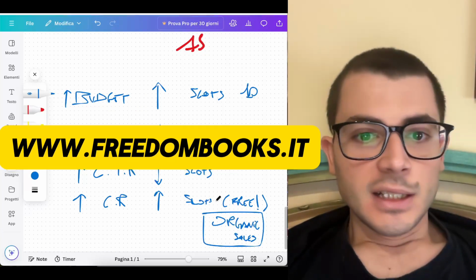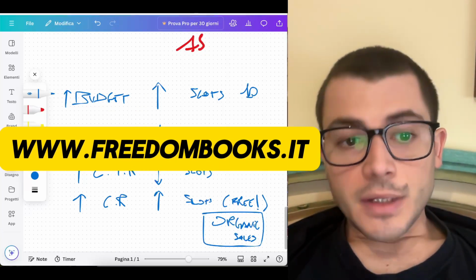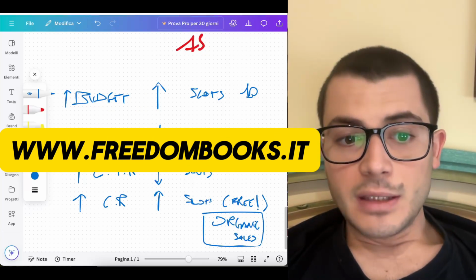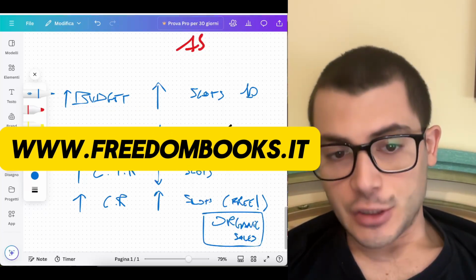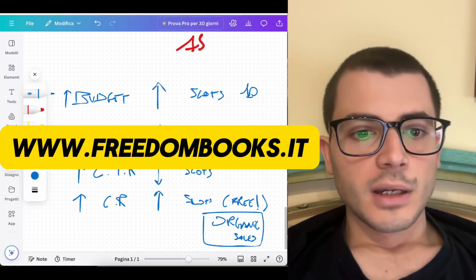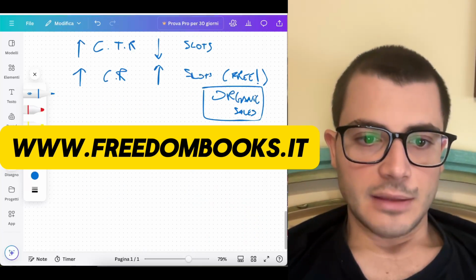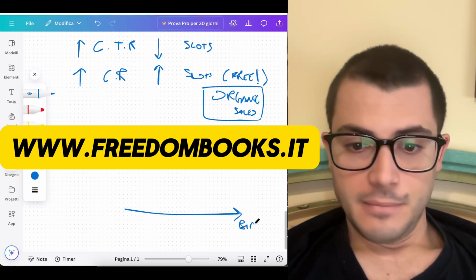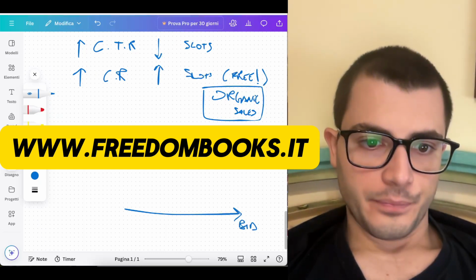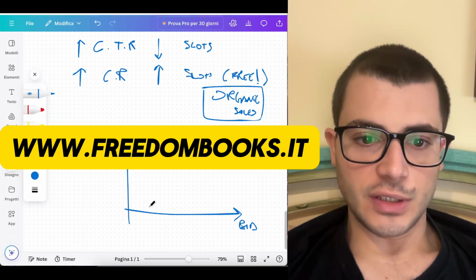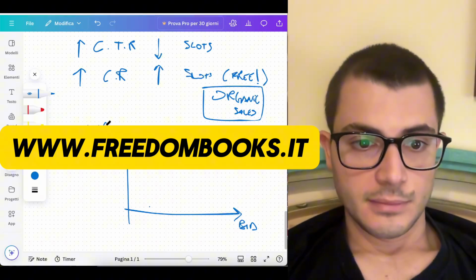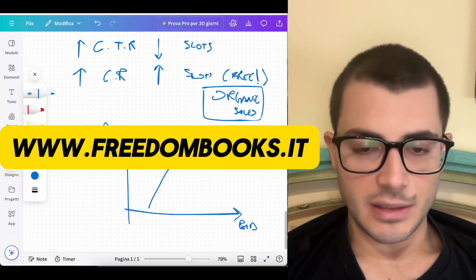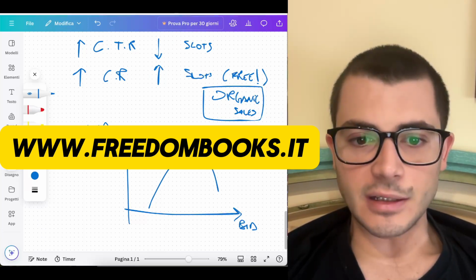So what you can do, of course, guys, is that if you increase the bid, you might see a decrease in the impressions. The point is like this: you increase the bid and you see an increase in the impressions. Then you increase the bid and you see a decrease in the impressions.